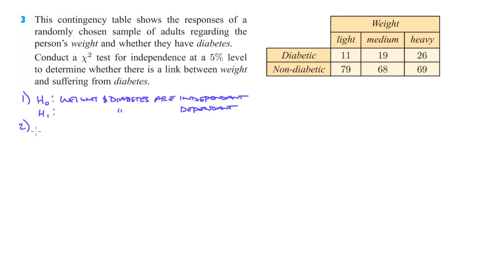Step 2 is going to be write down our significance level, and it gives us a 5% level. So step 2, significance level, alpha equals 0.05. Okay. Step 3 is our degrees of freedom.